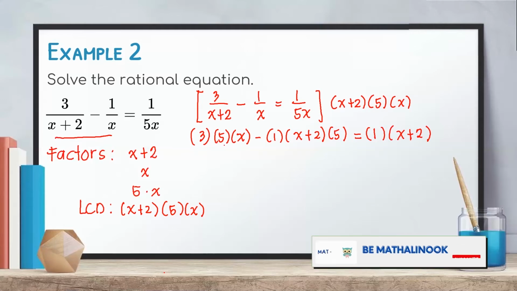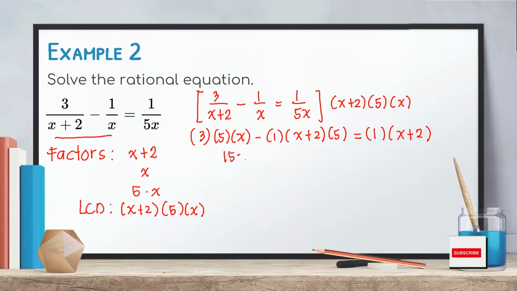So 3 times 5 times x will give us 15x. Copy the minus sign. Then we will have 1 times 5 is equal to 5. Then times x plus 2 equals 1 times x is x and 1 times 2 is positive 2.